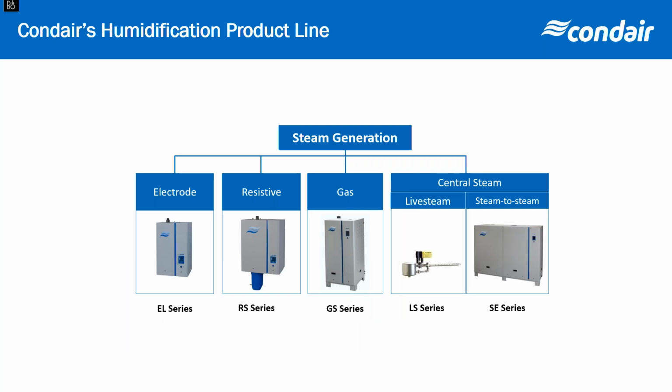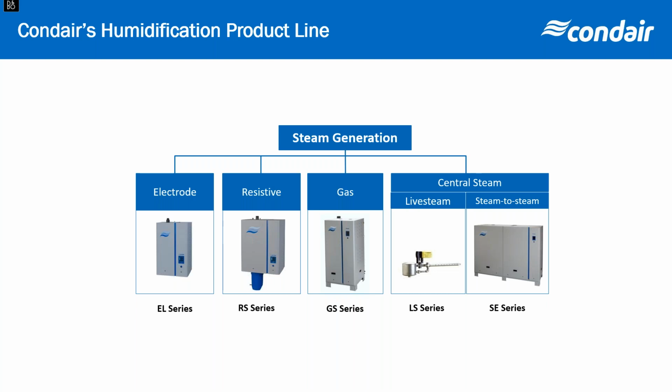So just to give you a bit of a 10,000-foot view of Condair and what they're able to deliver on the steam generation side: they do have the full list of products, everything from the electrode steam, which is basically what I always refer to as the Sherpa of Condair.